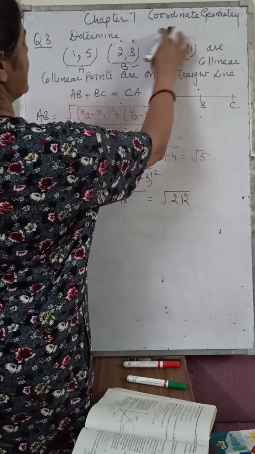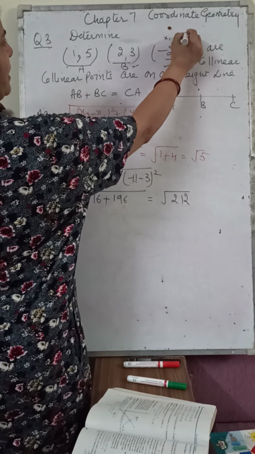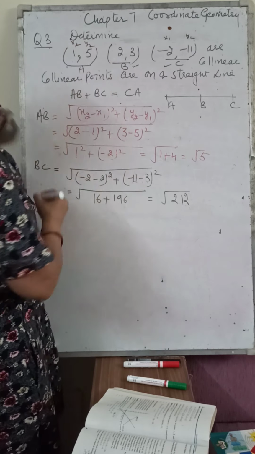When you take CA, C is written first, x1, y1 and A point will become x2, y2.